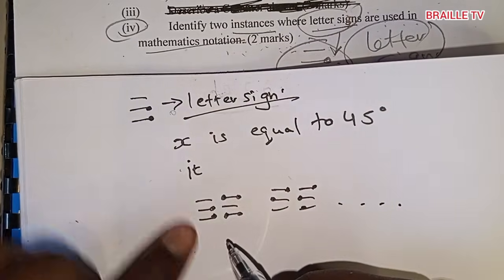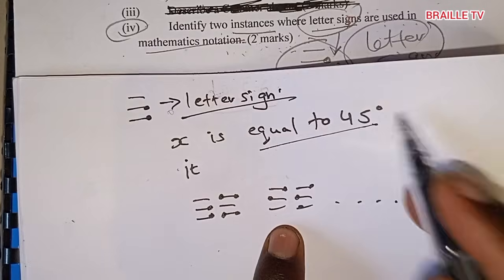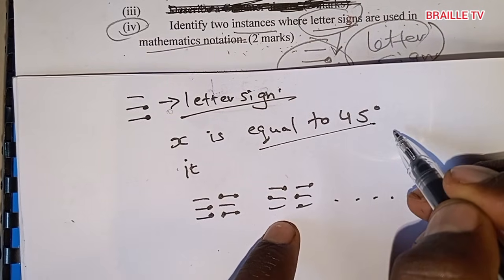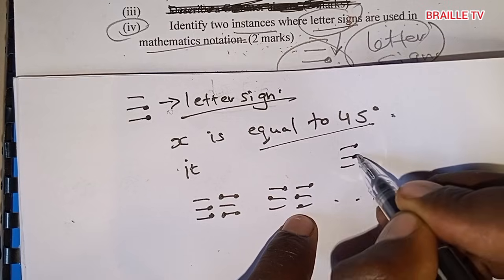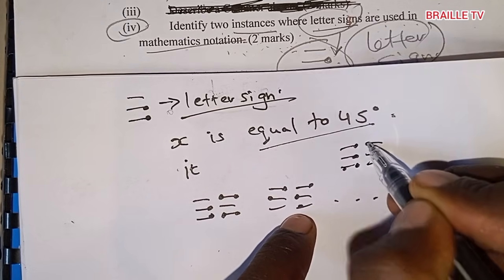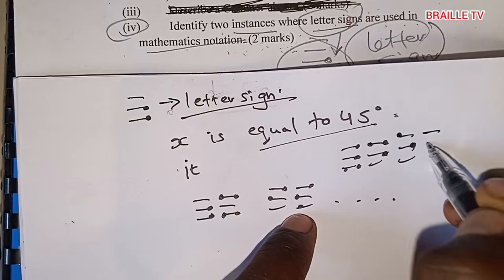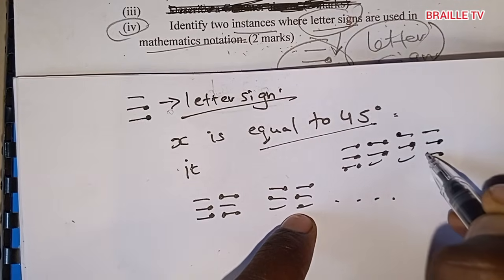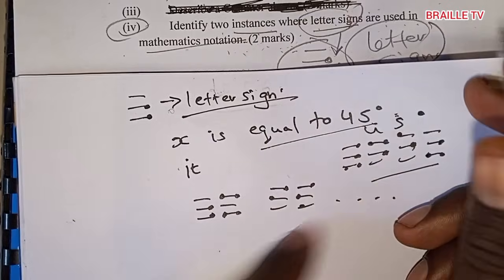If you don't put this letter sign, because now we are not going to write the whole of this. But remember, degrees are lower j. Okay, let me remind you, degrees are lower j. So you write the numeral sign, then you write 4, then 5, and then lower j, without leaving a space, lower j like that. Are we together? So in 45 degrees, okay? So equal to, leave that.